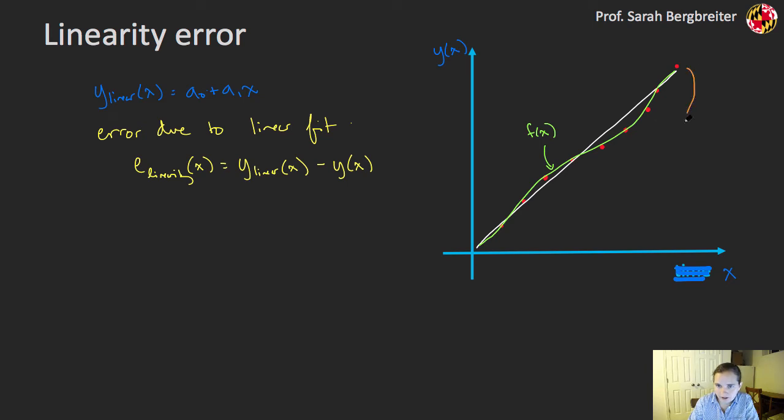So if I define this distance right here as the output range, I'm going to call that R0, and I look for the maximum linearity error that I would have in here. So maybe somewhere around here, that distance right there, I'm going to call E linearity max.